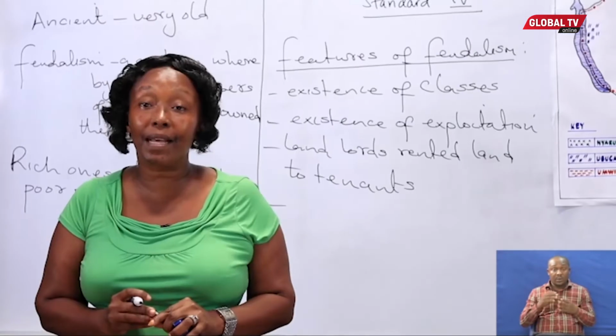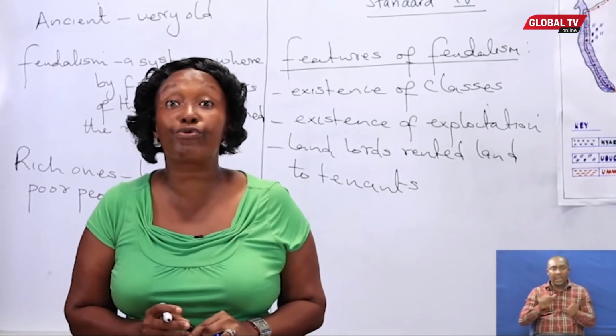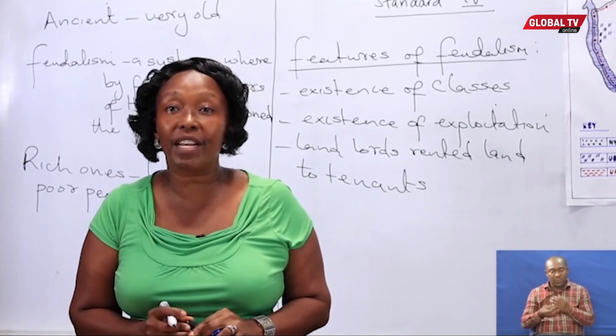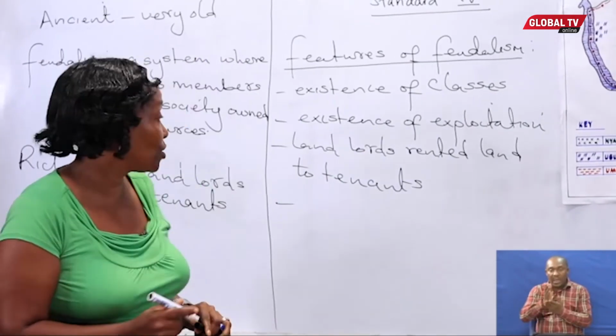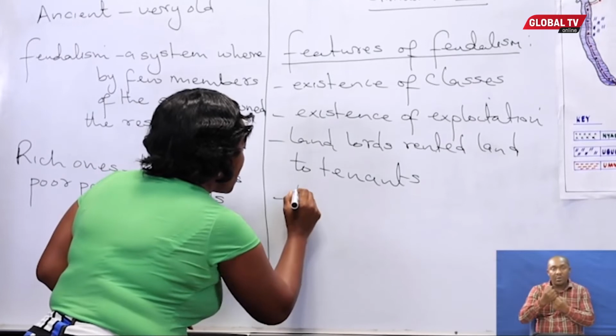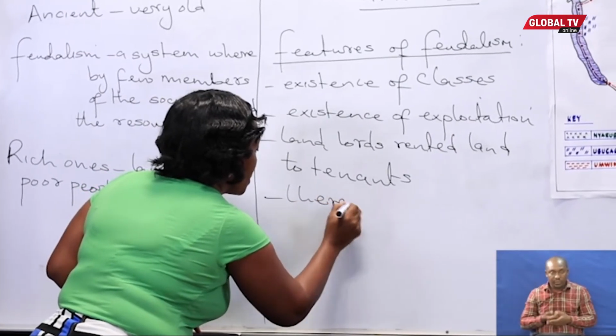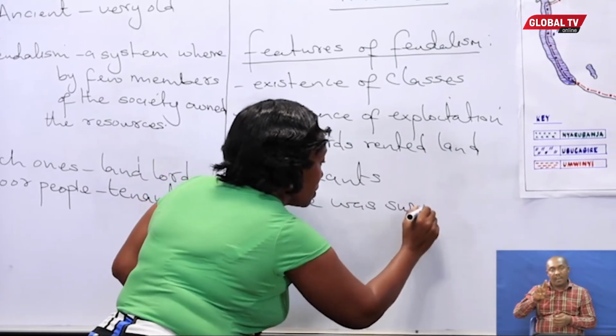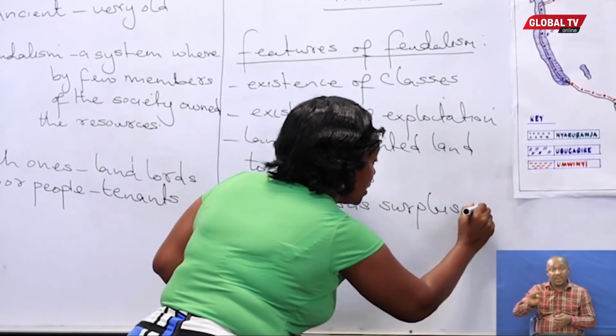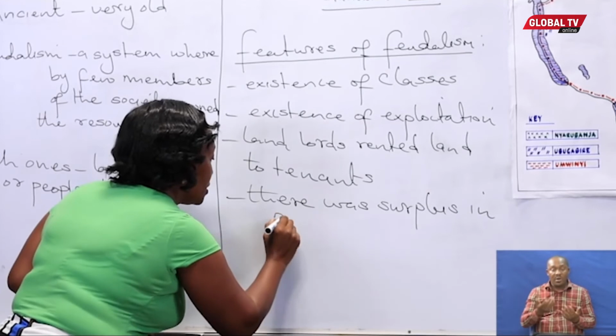So there was surplus, which resulted in trade. People started trading due to the excess they got from production.